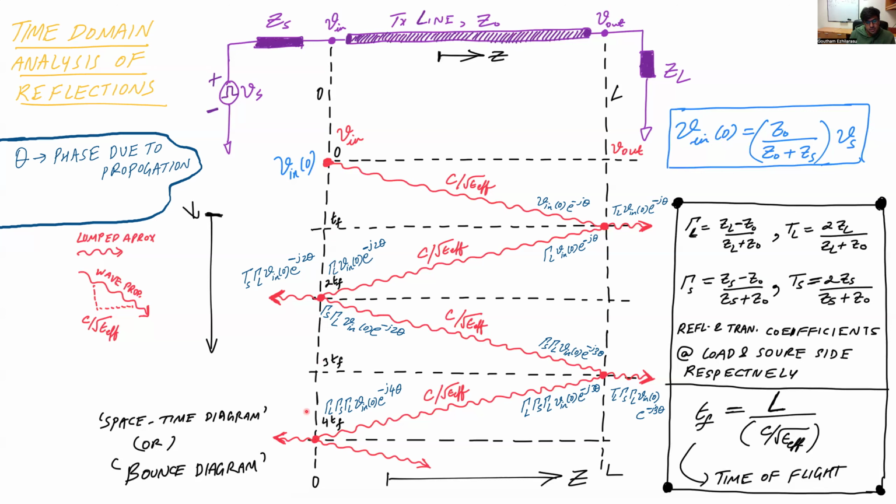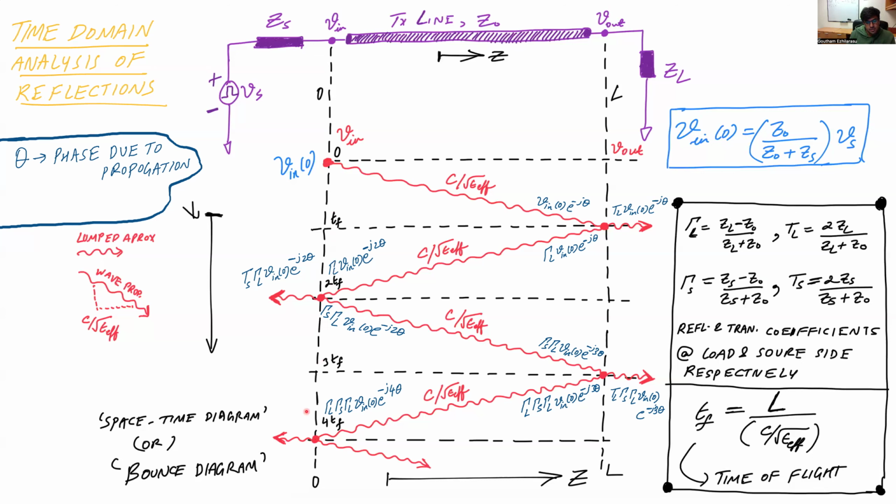So at time t equals 0, the signal at location L over 4 is 0 because no signal has reached there. Once the time is T over 4, the signal suddenly builds up to Vn of 0, because Vn of 0 is the one traveling and finally reaching L over 4 at time T over 4. The capital T here is the time of flight, TF, from the earlier diagram.